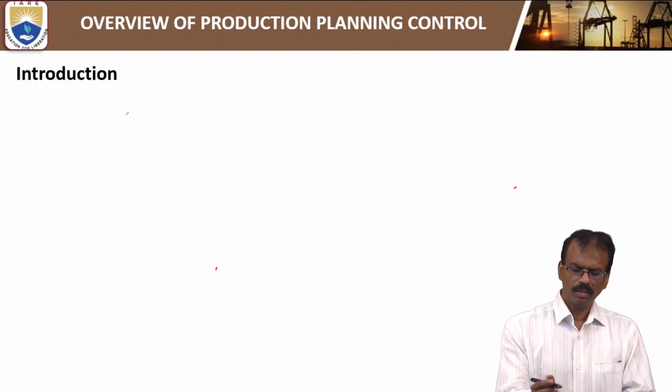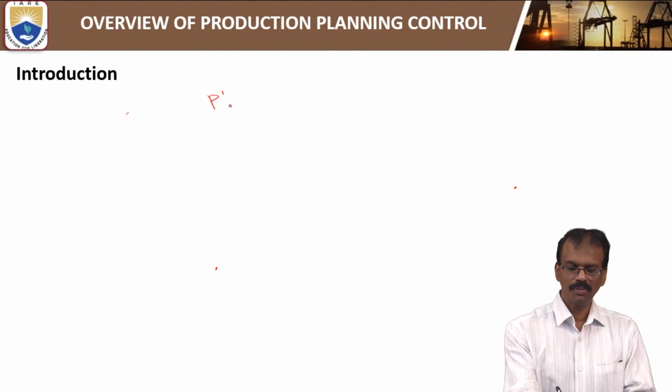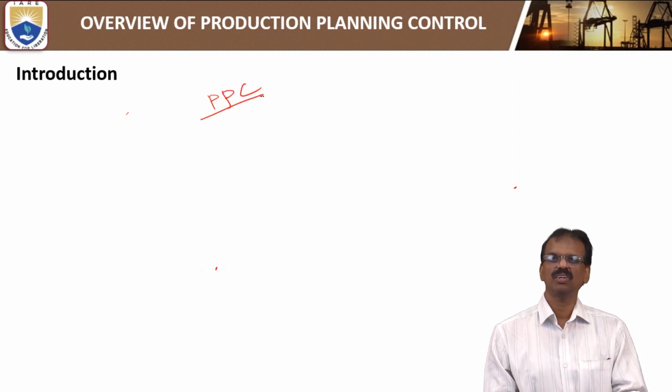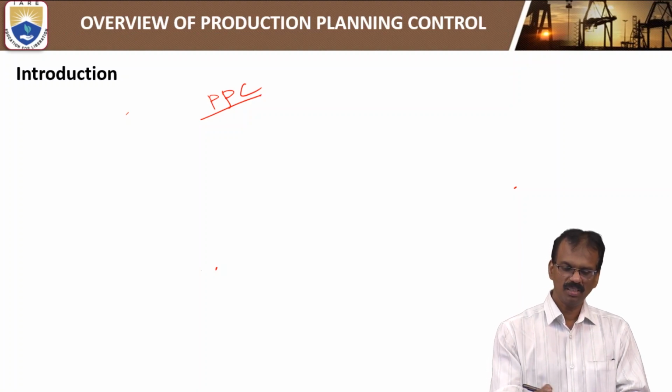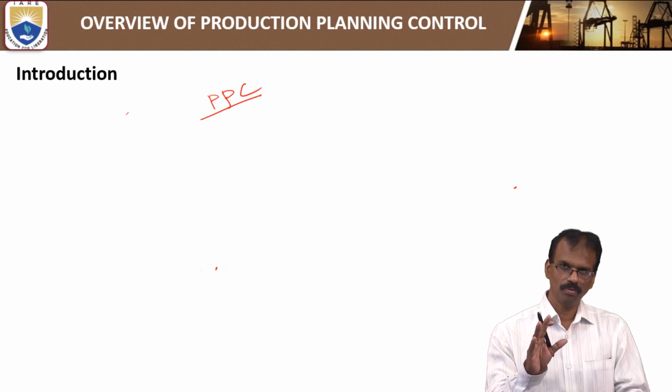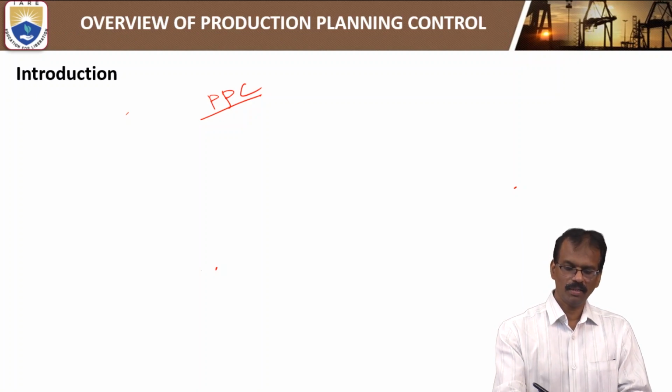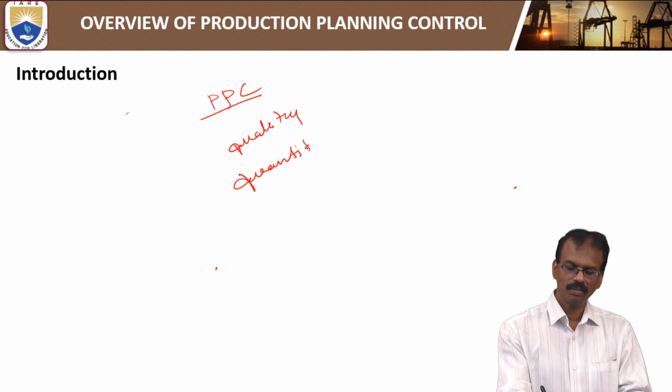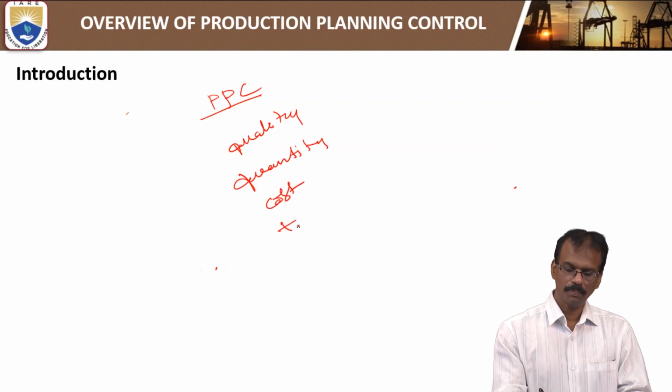The ultimate goal of PPC, production planning and control, is to reach four goals: quality, quantity, cost, and time.